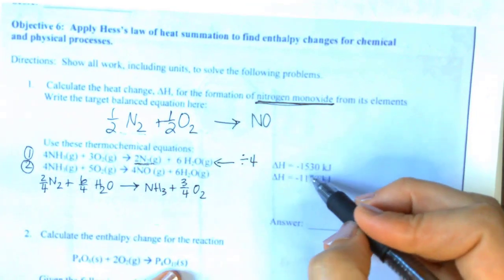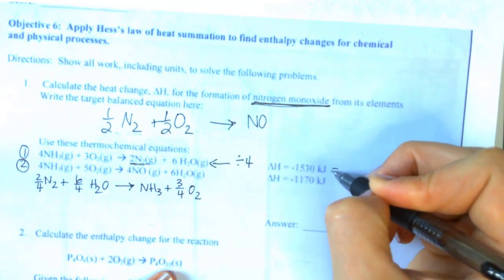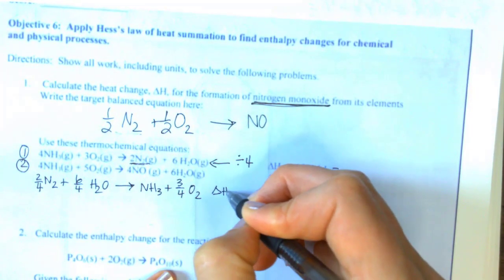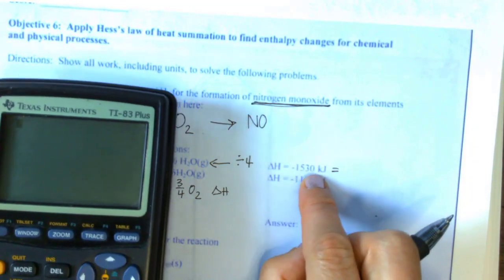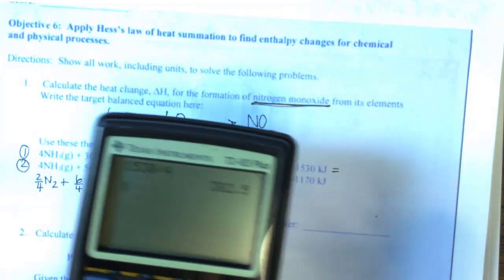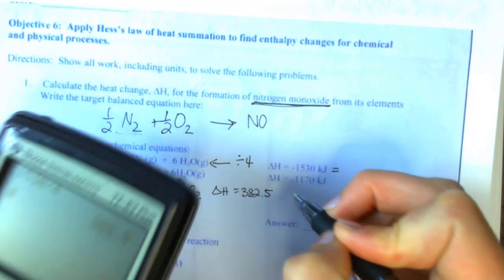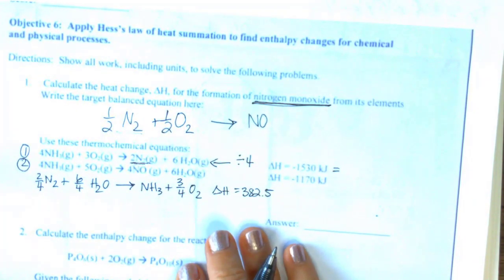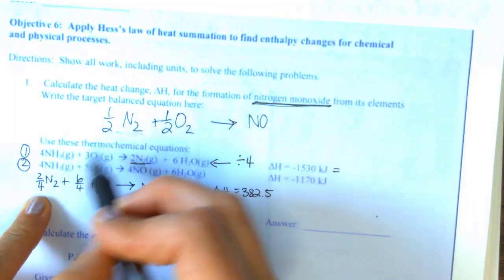So here, I'm going to need to flip this and divide by 4. So that gives me my delta H of negative 1530 will become positive 1530. And I'm going to divide that by 4. My delta H is 382.5, and that's a positive. Okay, so that gives me my 1/2 nitrogen on the left, because 2/4 is 1/2.